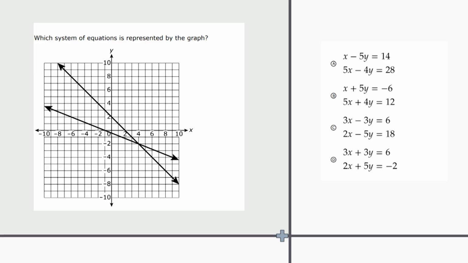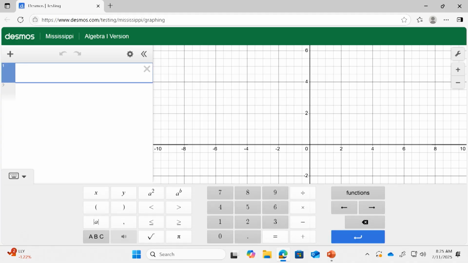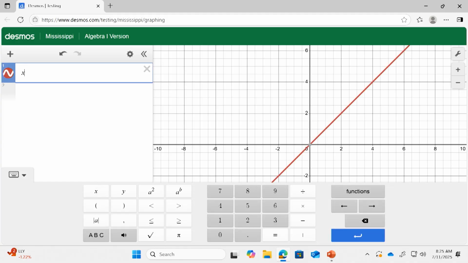Which system of equations is represented by the graph? So for this one, we are going to pull up Desmos because I do want you to see how we plug this system in. The first thing I'm going to do is plug in my first answer choice, x minus 5y equals 14.